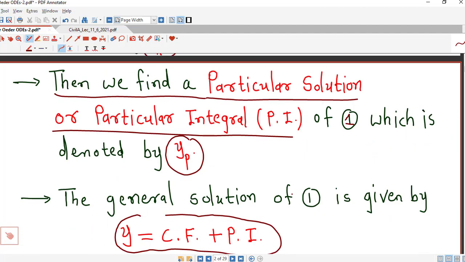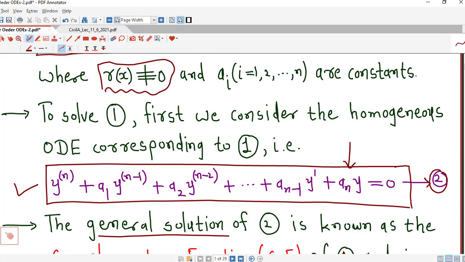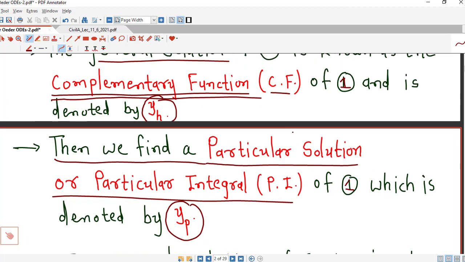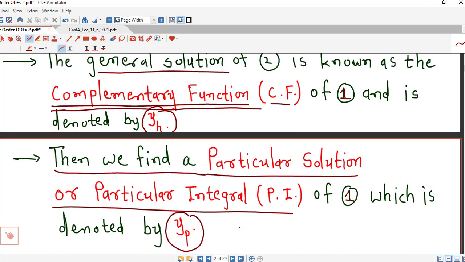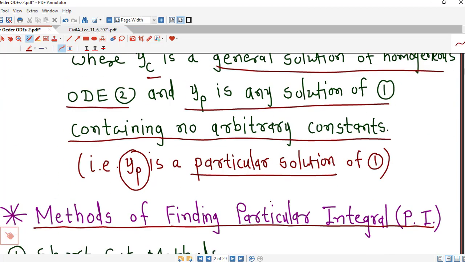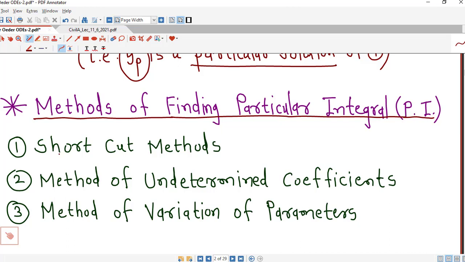So we have already discussed how to solve this homogeneous differential equation. The only thing that remains is how to find the particular solution or particular integral of the given differential equation. For that we have different methods. These are the different methods that we are going to discuss one by one for finding particular integrals.